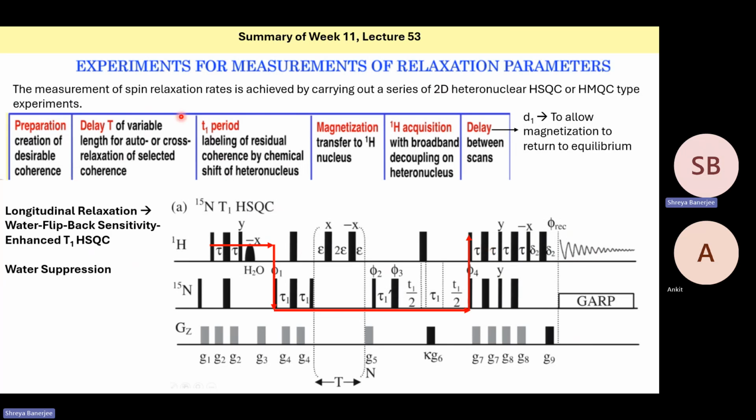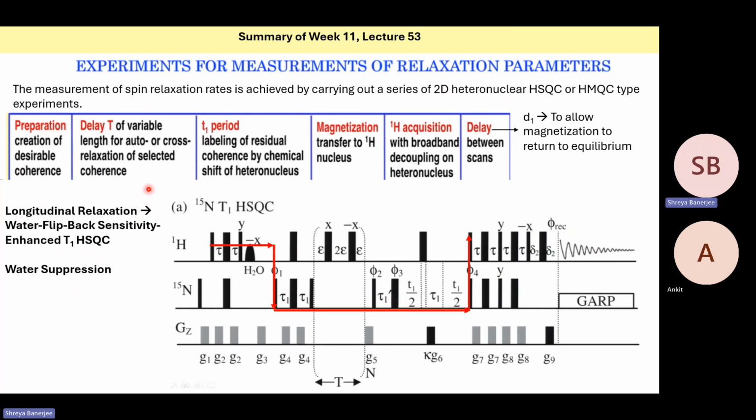So this is the basic layout of a 2D NMR experiment used for measurement of relaxation parameters. Now, the example shown here is for longitudinal relaxation, that is for measuring T1. And there are some sequences for suppression of water. We won't go into the details of that.